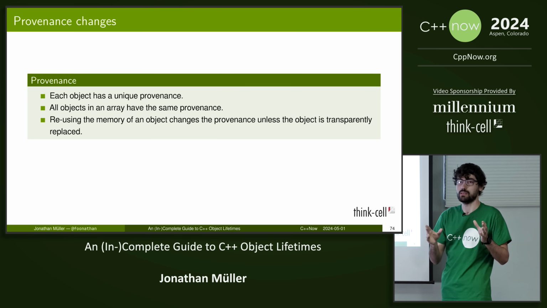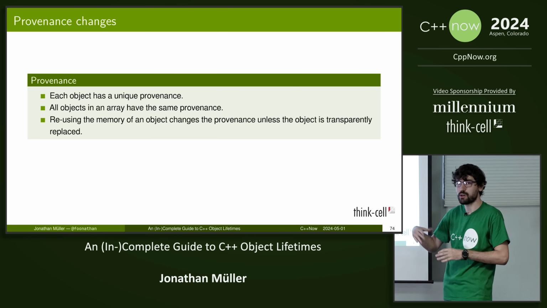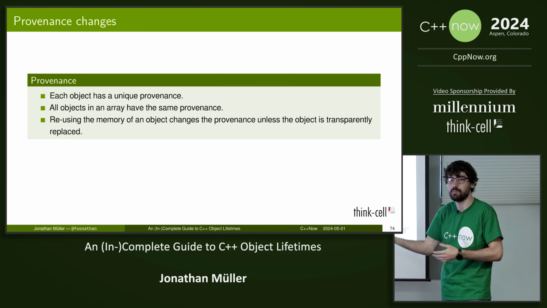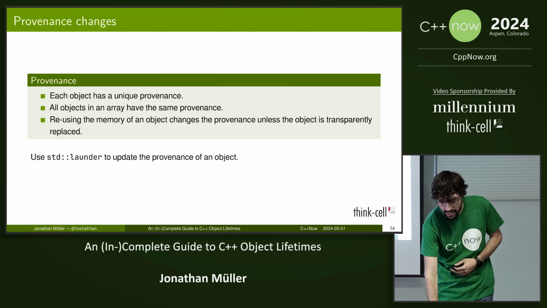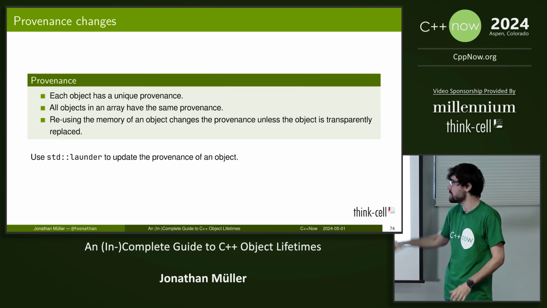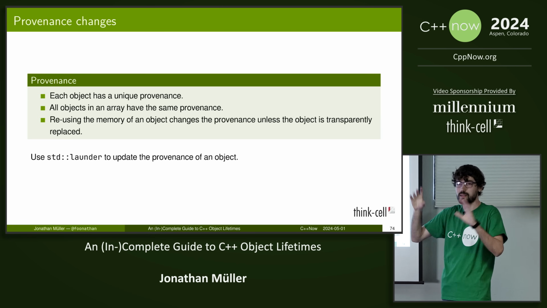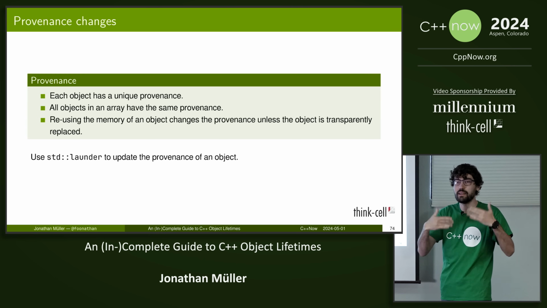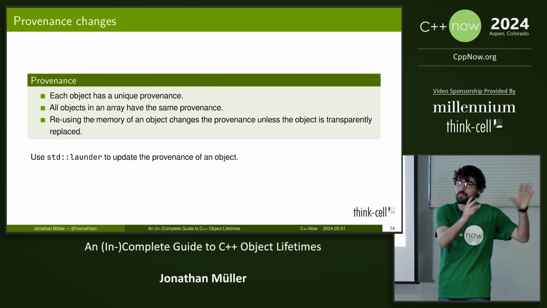The term does not appear in the standard, but it's useful terminology our compiler optimizers use. I'm putting it in here to explain std launder, because std launder is not a magic identity function. It leaves the address unchanged, but it updates the provenance, and I think this makes it clear.